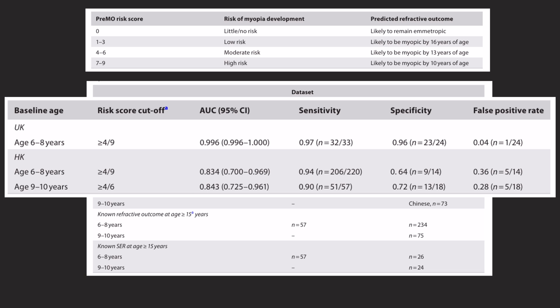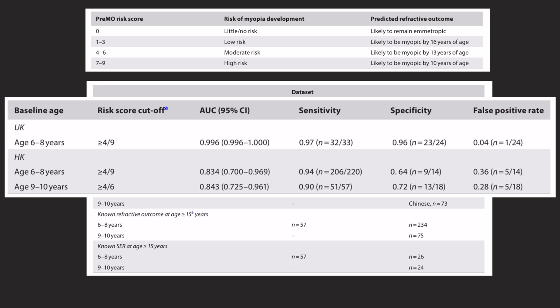Whereas if you keep a cutoff score of 4 out of 6, again very high sensitivity but relatively low specificity, and 0.28 were false positives. So this scoring system works very well for UK patients aged 6 to 8 years for predicting which patient would convert into myopia.